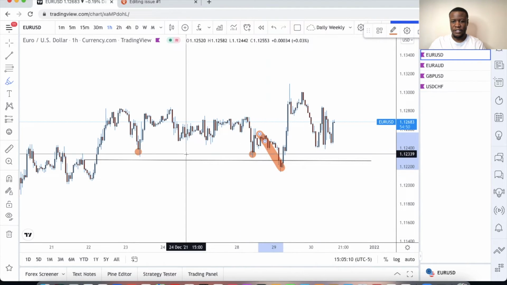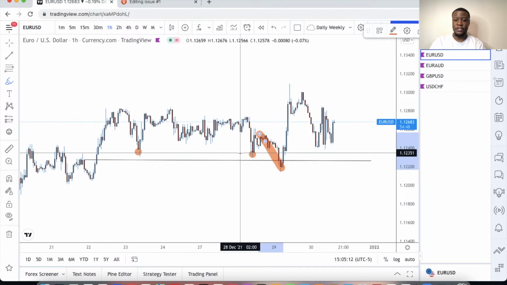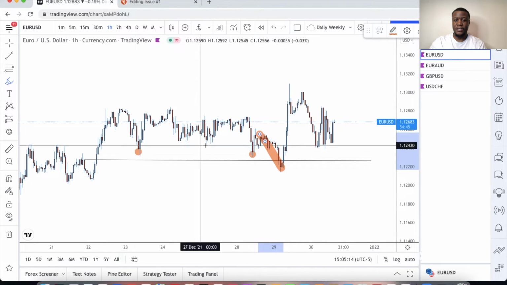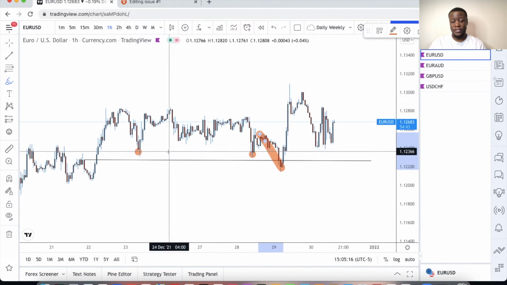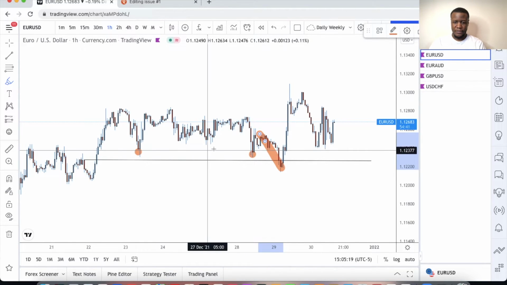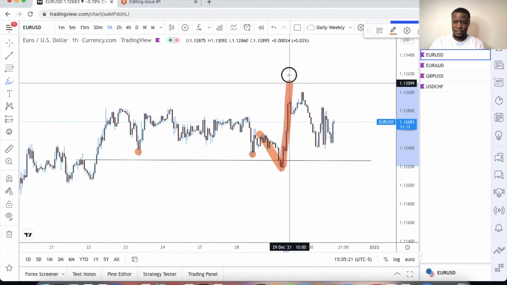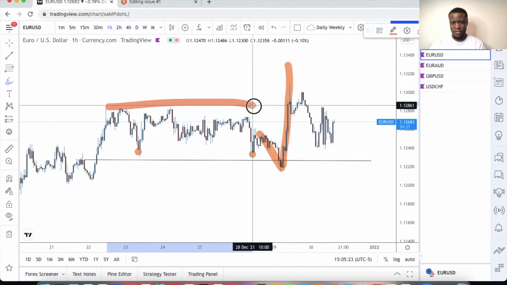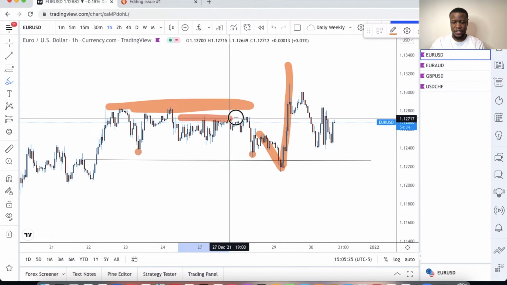It comes down, clearing these lows, which have stops right here. Retail traders put stops right here, and the bank pushes it up, clearing these highs also, all these equal highs right here.